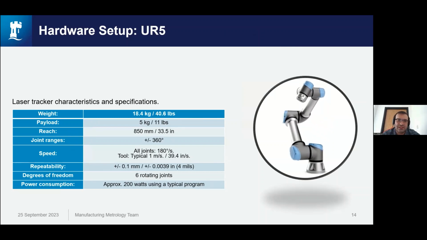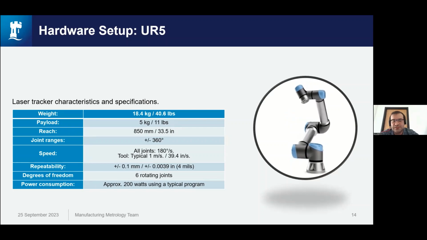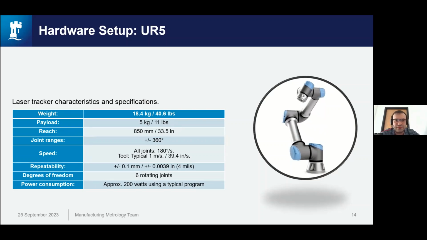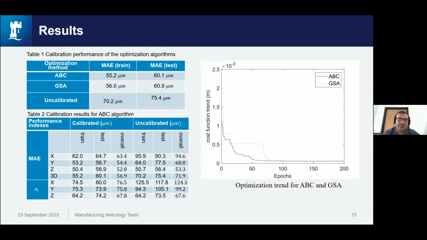We have a joint range of plus minus 360 degrees on all of the joints. The speed of this robot is 180 degrees per second. Of course, we usually operate it at much lower speed, but that's the maximum speed. You can also see other parameters associated with UR5 in this slide.